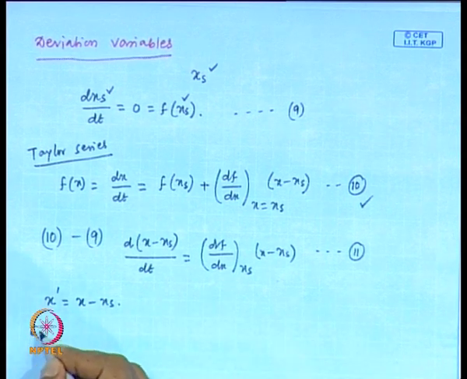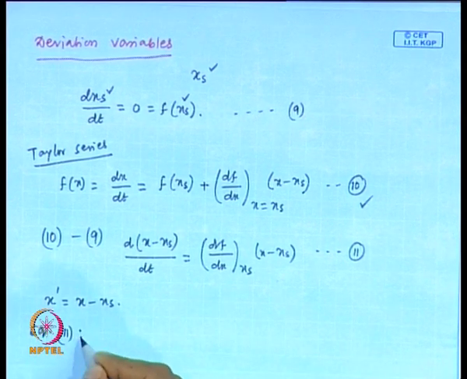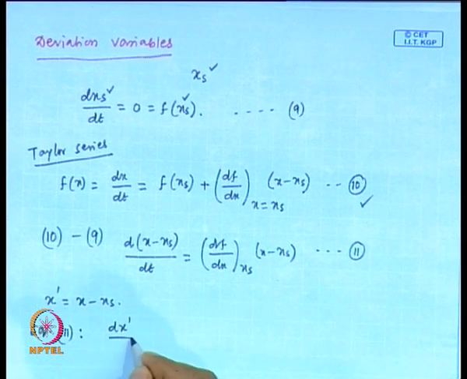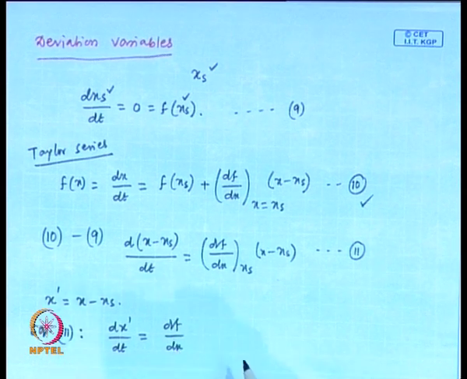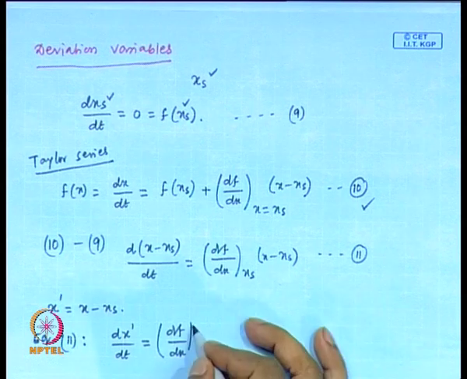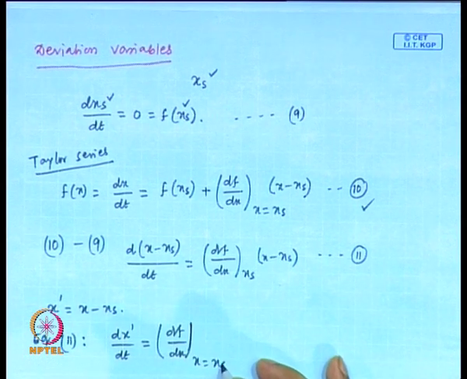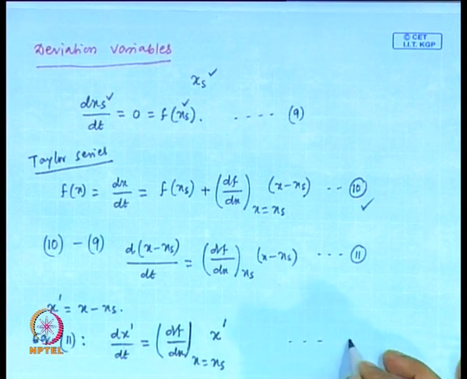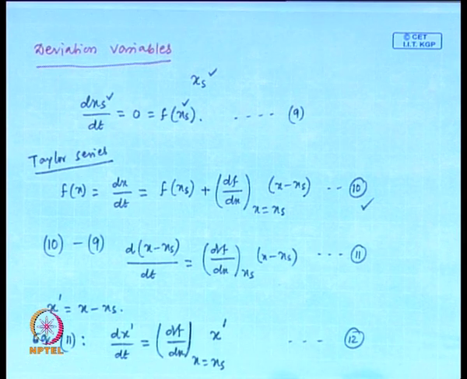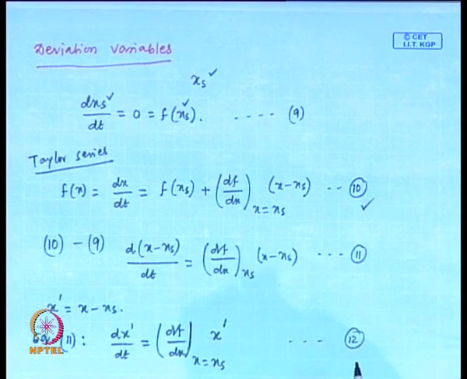Then equation 11 becomes dx prime dt equal to df dx at x equals xs times x prime. Simply, we have substituted x prime in place of x minus xs. Then we get equation 12.